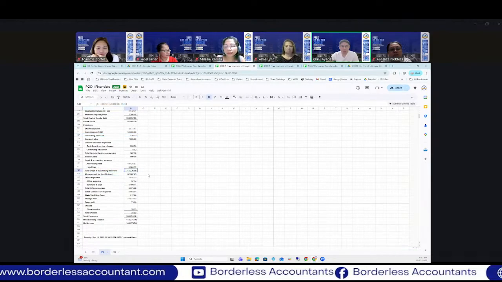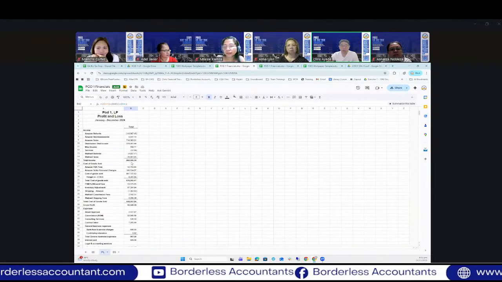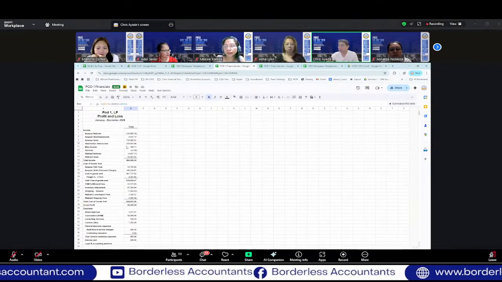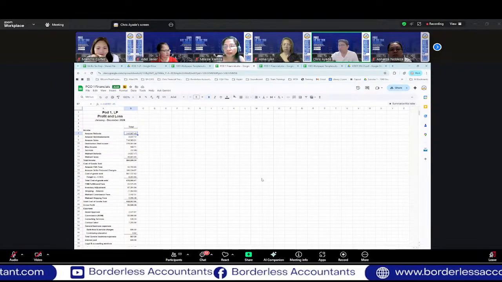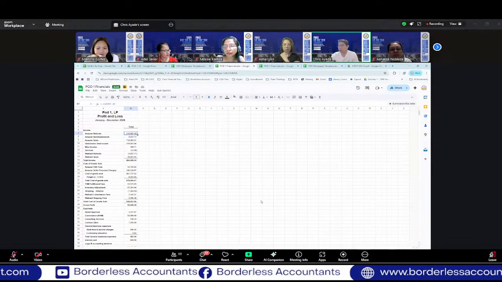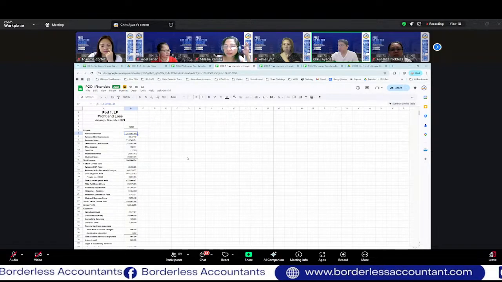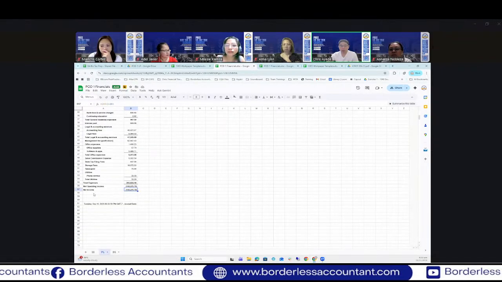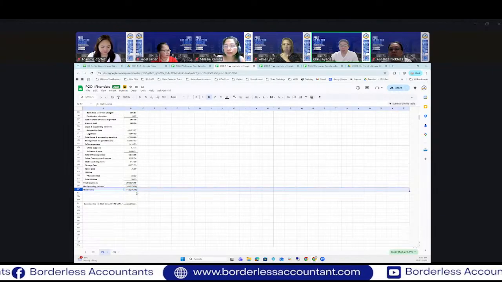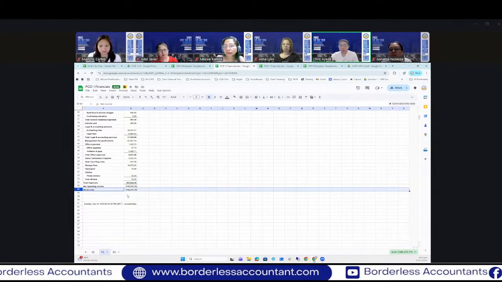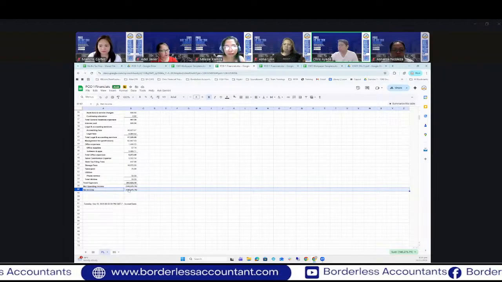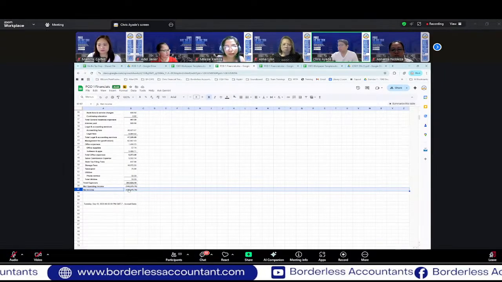So, doing this, pwede naman kasi, pwede mo namang straight input into the tax software. But hirap sundan sa review. Tapos pag nakita mo 148 ang net income dito, bakit sa software hindi necessarily 148? Right? Because there could be adjustments.